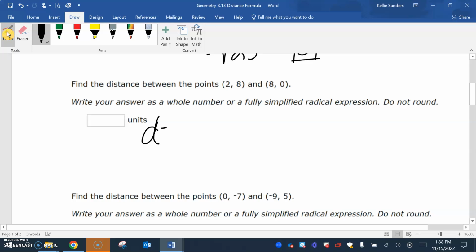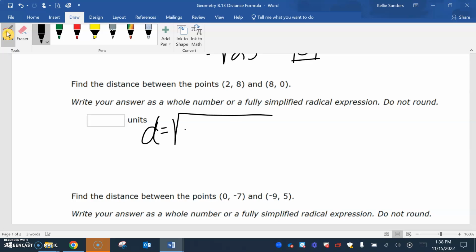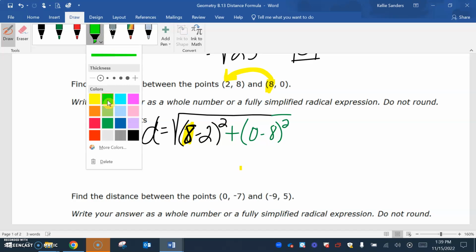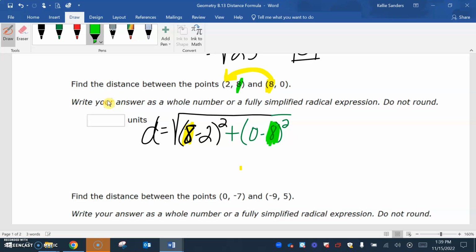So I'm going to speed it up a little bit. 8 minus 2, and this 8 right here comes from this 8. Be careful. 8 minus 2, always plus. 0 minus 8 squared, and this 8 is that 8. So be careful with those numbers.